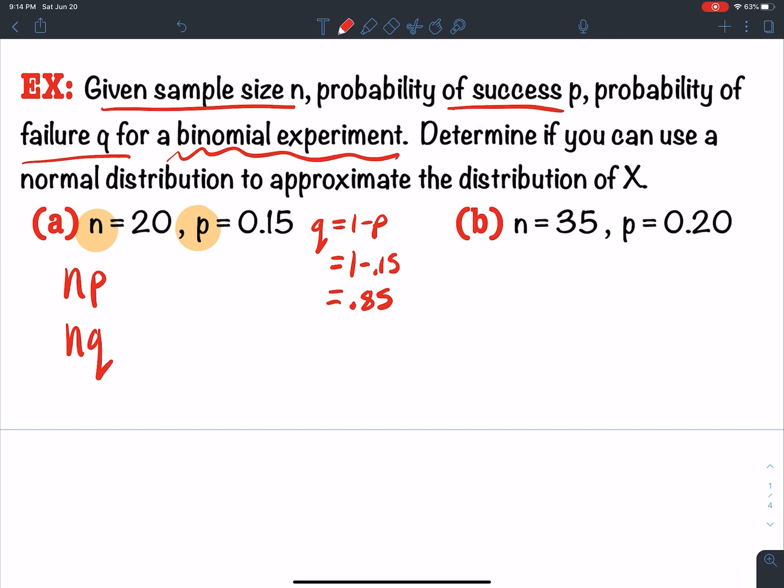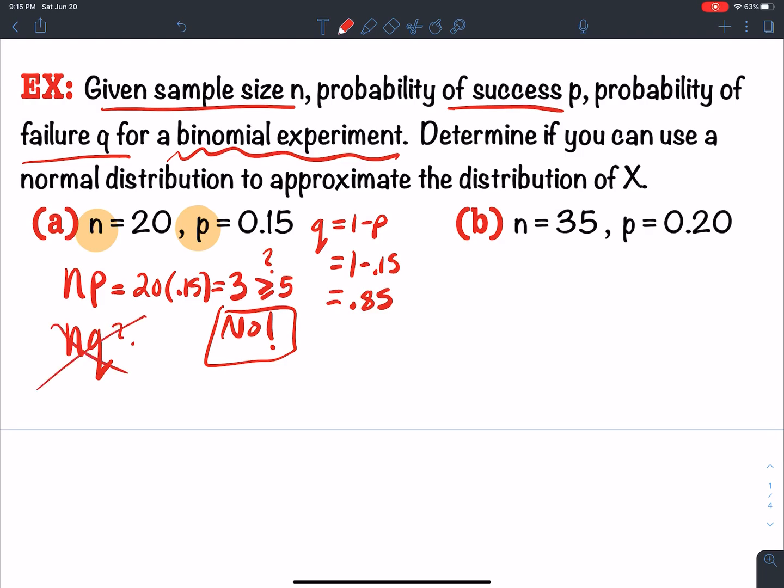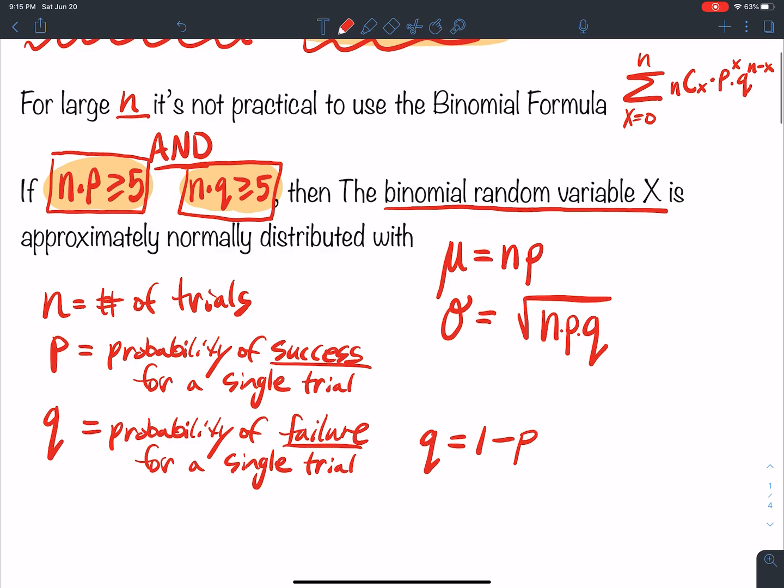So let's check this out. np is 20 times 0.15. What does that equal? That equals 3. Well, right off the bat, is 3 greater than or equal to 5? No. Well, if it's not, do I even need to check this? Who cares? Because both np and nq have to be true. If one is false and the other one's true, that's still not going to work. And means both.